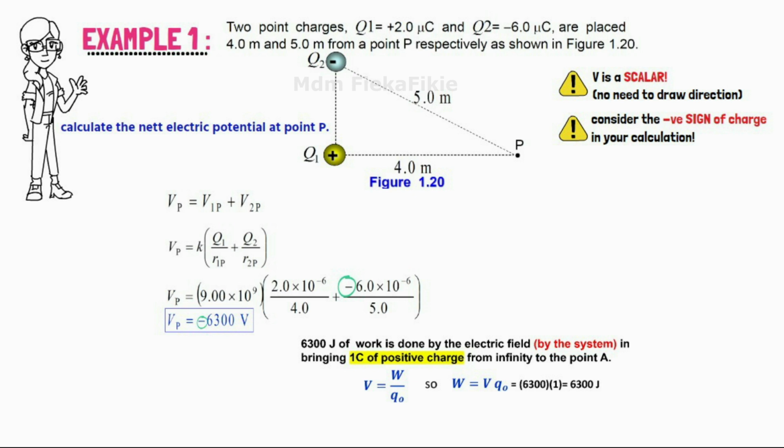So kita boleh cakap W is equal to negative 6,300 joule. Okay, so negative means that work is done by the electric field, which is by the system, in order to bring the test charge from infinity to point P dalam case ini. Okay, so awak betulkan point A tu boleh tukar kepada point P.